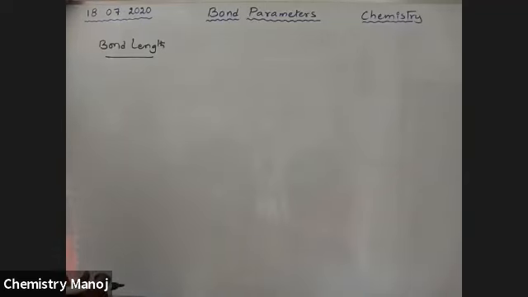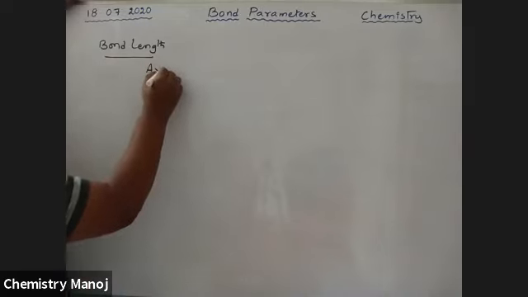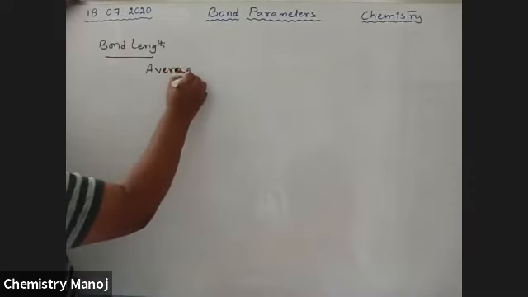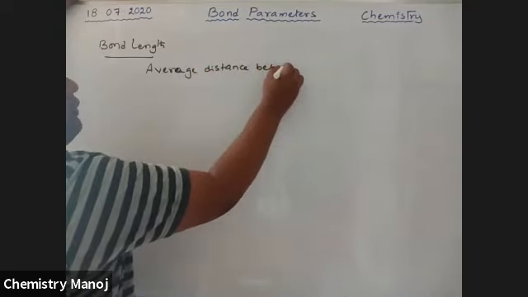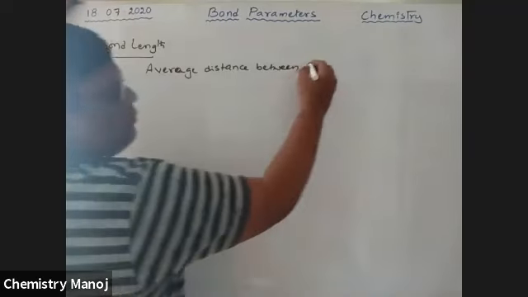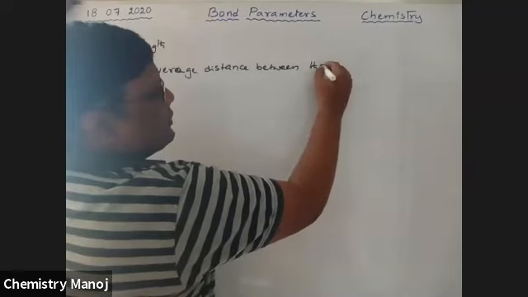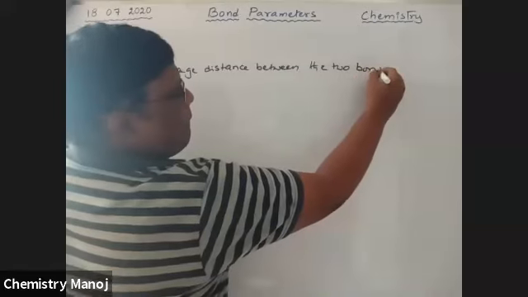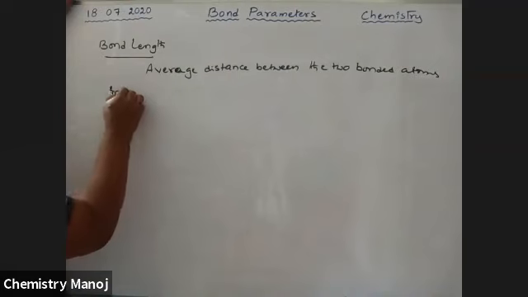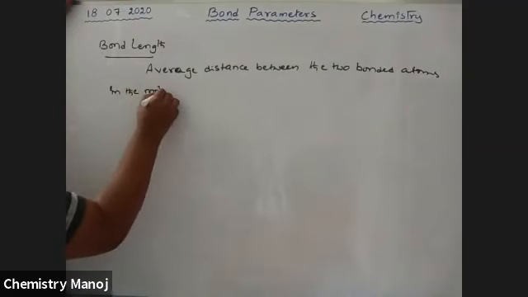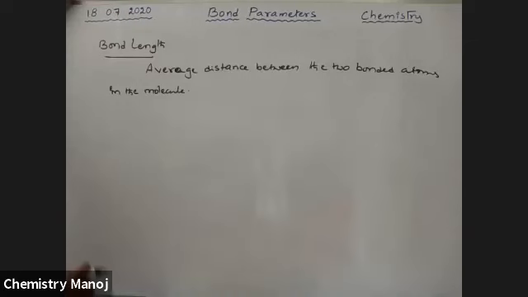Bond length is nothing but the average distance between the 2 bonded atoms in a molecule. The average distance between 2 atoms in the molecule is called the bond length.